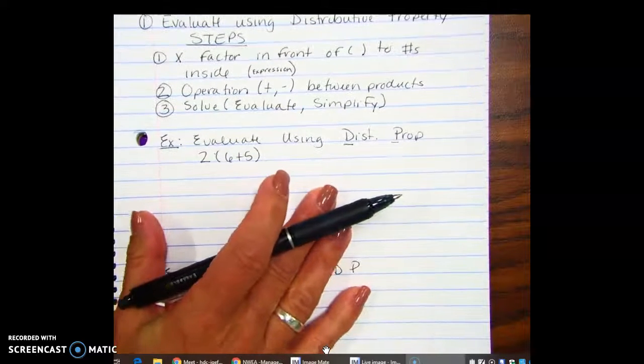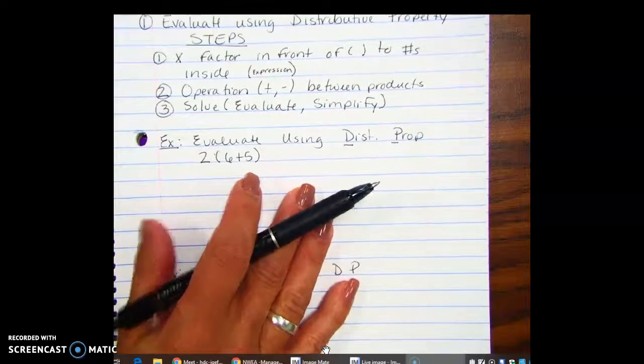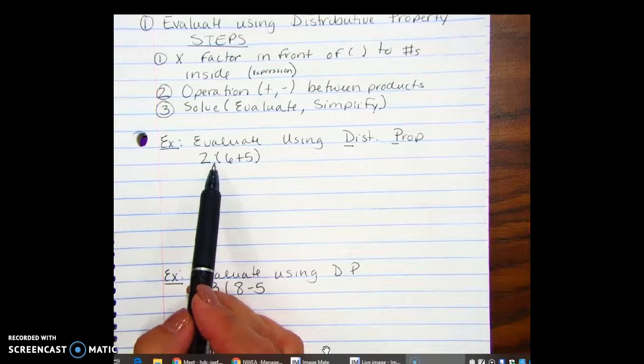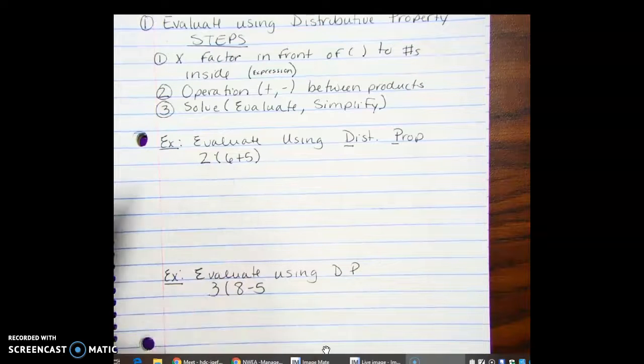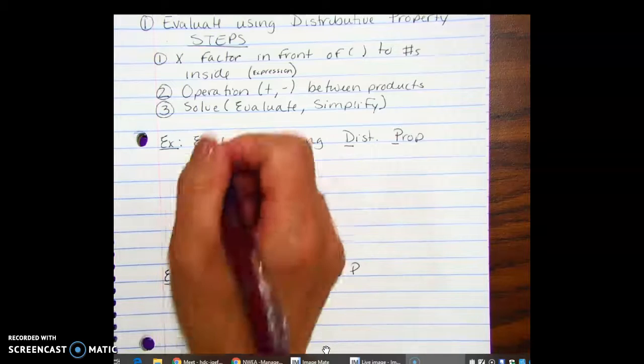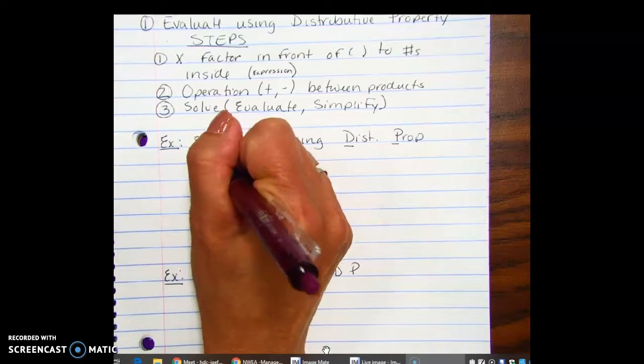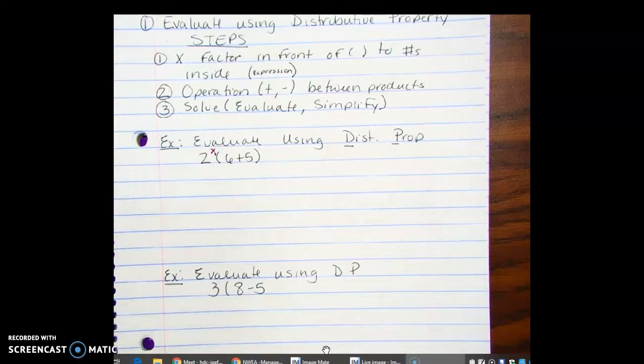So here we're going to take a look at how we do this. Evaluate using the distributive property: 2 times the sum of 6 and 5. Yes, friends, a new way to write multiplication: 2 next to the parentheses. That means times.